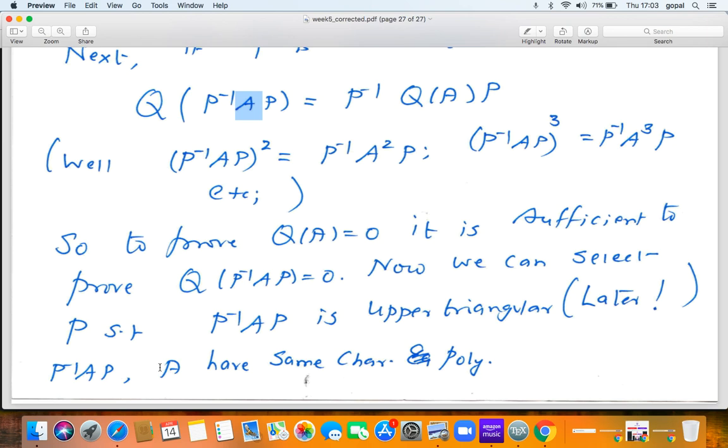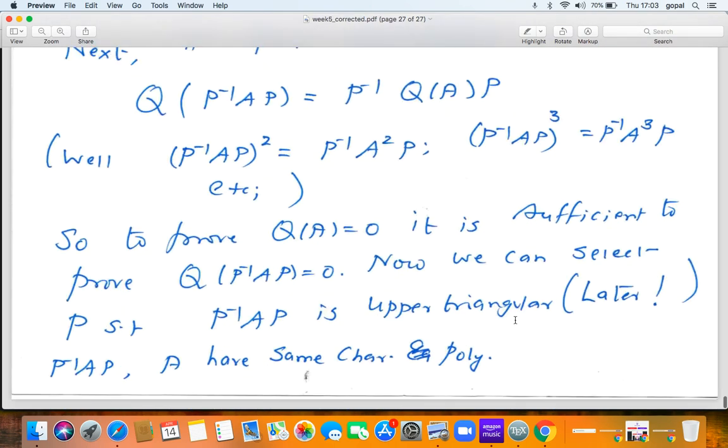Similar matrices have the same characteristic polynomial, and for the upper triangular matrices, I have proved that this satisfies it. So Q of P inverse AP is 0. Therefore, Q of A must be 0. Similar matrices have the same characteristic polynomial. So once we prove that every matrix is similar to an upper triangular matrix, our job will be over.